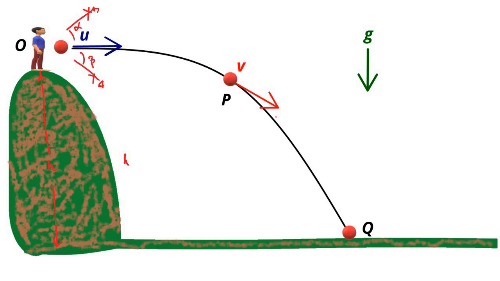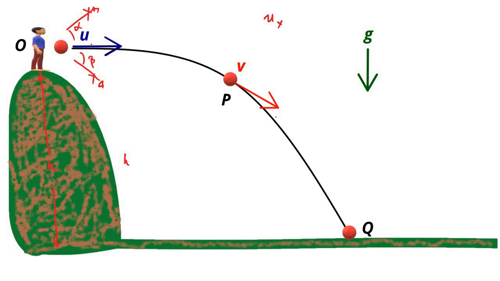Here let us assign some parameters. The initial velocity is acting along the x-axis, so we write ux.